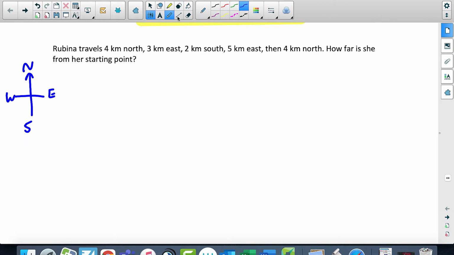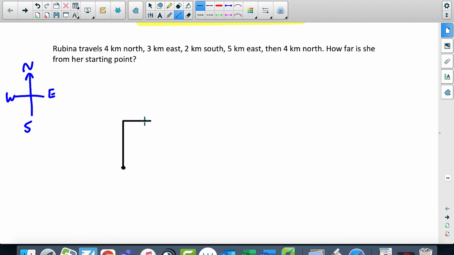So let's see here. She is going to start at a certain point. Let's say she's starting right here. And then she is going to move up 4 kilometers. Then she's going east, so that's to the right, a little bit less.